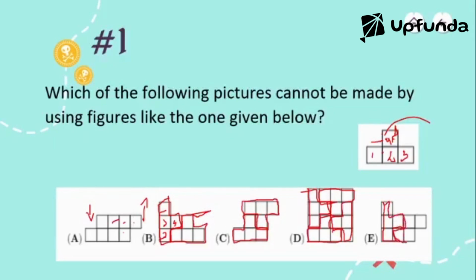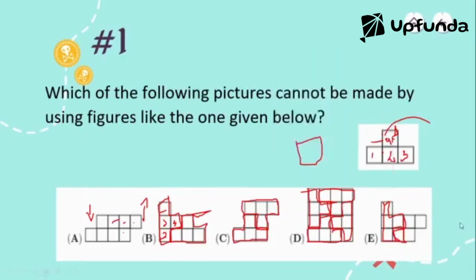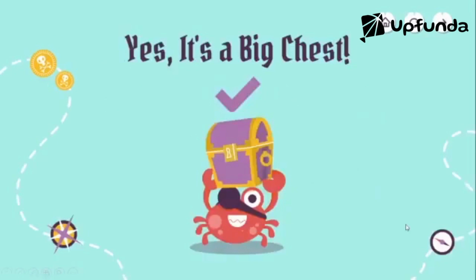Okay, in D you can join 4 of these squares and you can make one big square. Okay, but in E it is not possible. Can we check the answer? Okay, we will check the answer. Yeah, it is a correct answer.